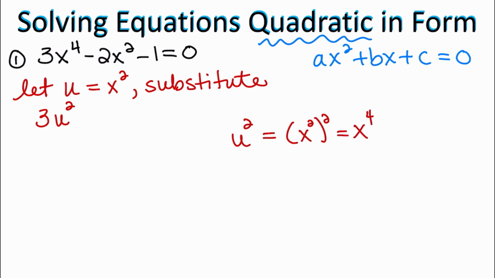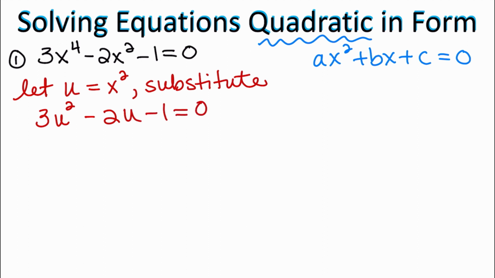So what we are doing is using substitution to take what we see in front of us, which has the highest power of 4, and rewrite it as a quadratic that we can easily solve by factoring. So now I'm going to keep going, and I'm going to say minus 2 instead of x squared. Since x squared equals u, I'm going to write minus 2u minus 1 equals 0.